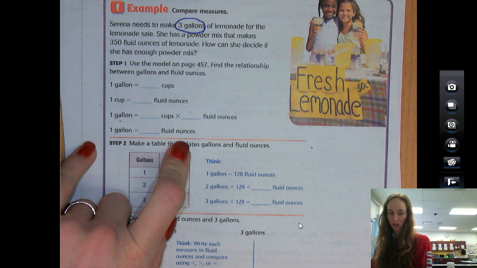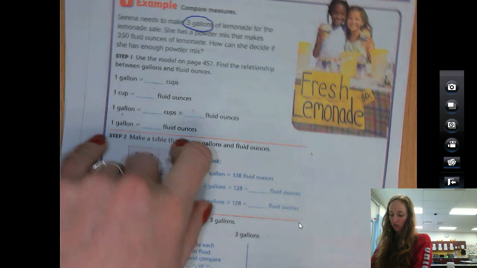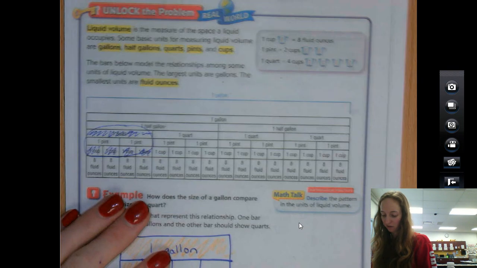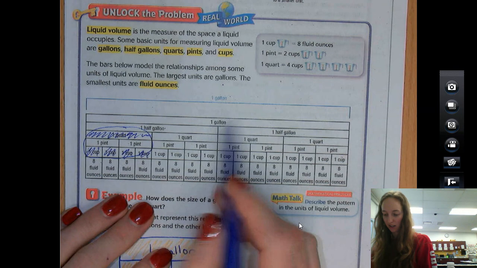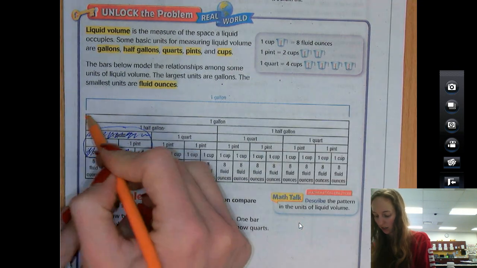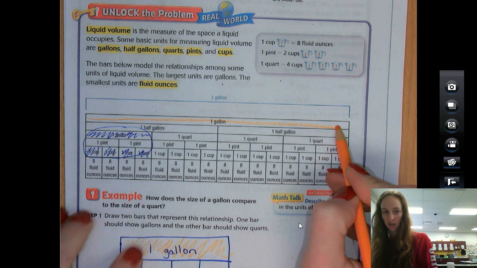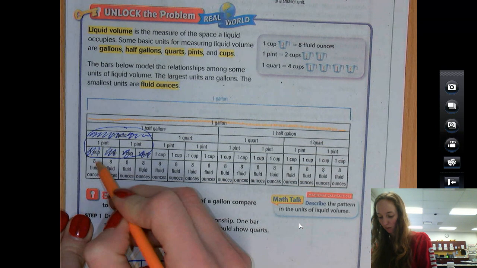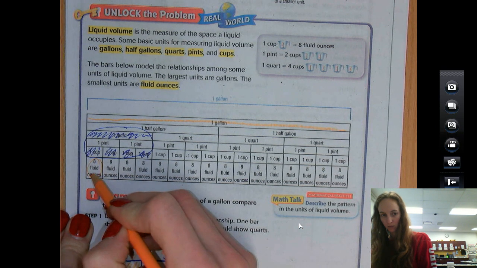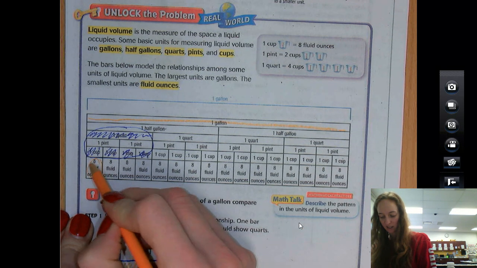Fluid ounces isn't on our Gallon Man, so I flip back here. How many fluid ounces equal my gallon? Here's my gallon up here, the whole way across. Count my fluid ounces with me. Ready? That's not really 1. What is that? That's 8.